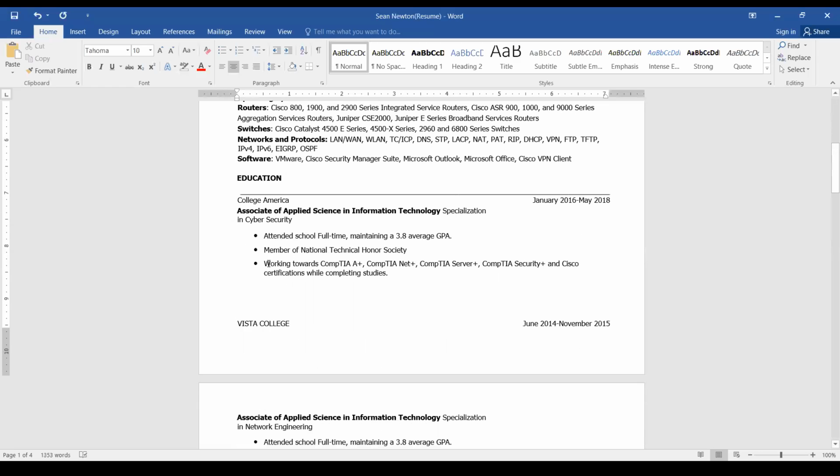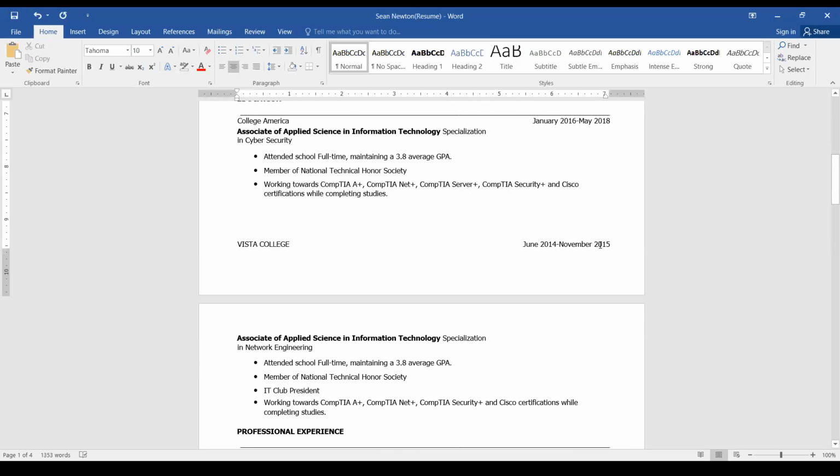So this is where you say you're working towards these certifications while completing the studies, if indeed you don't have them already. I would pull a lot of this material out. Just give your degree and the date it's going to be received.